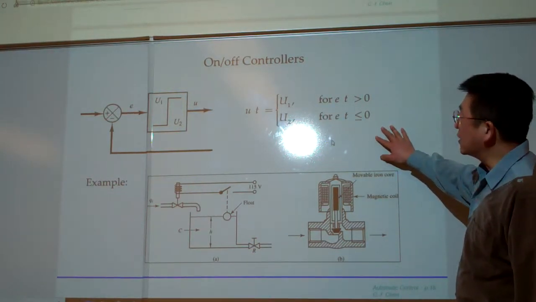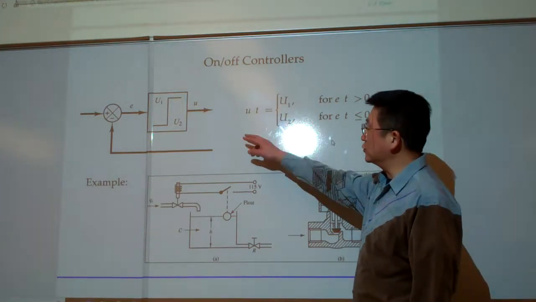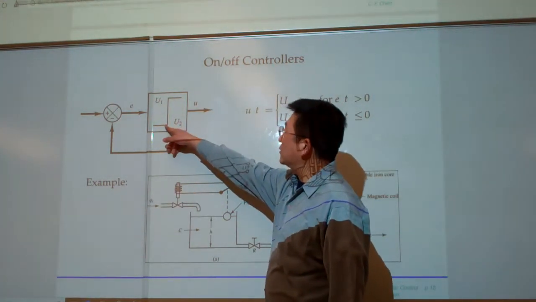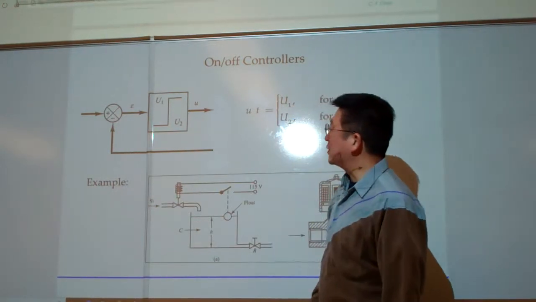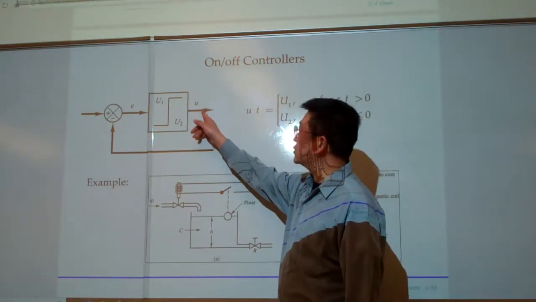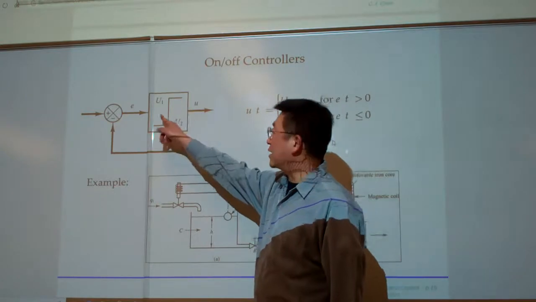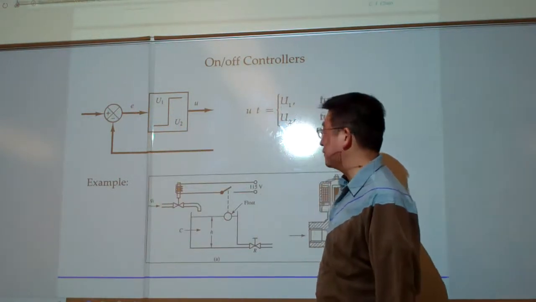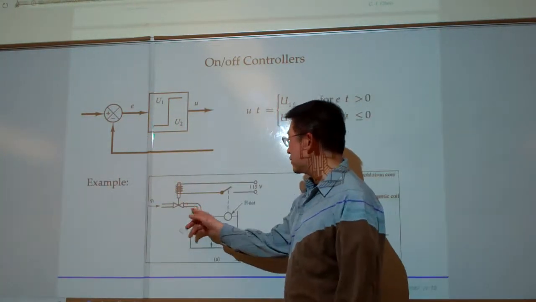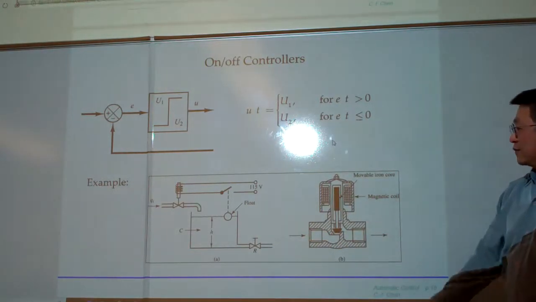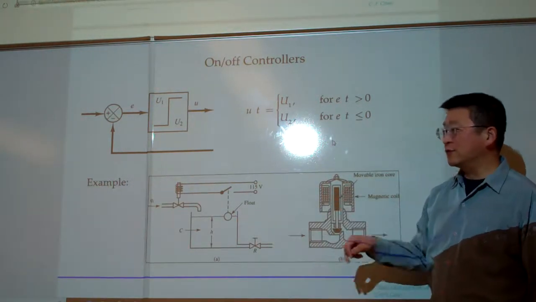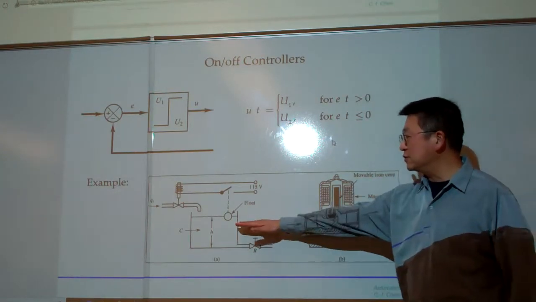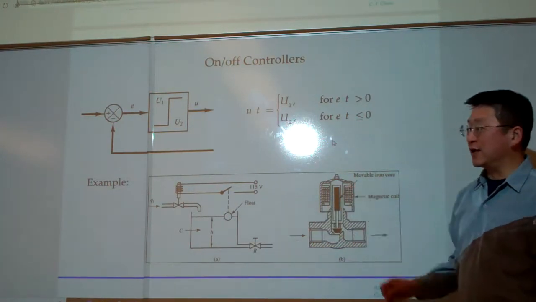So this is the on-off control. This is off, this is on. Our decisions depend on the errors. For example, look at this system. If the water is full, then we turn it off. If the water is too low, we turn it on.